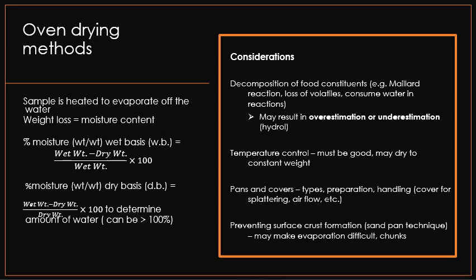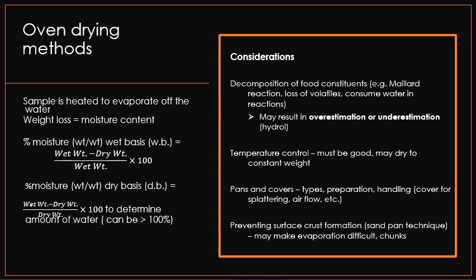When you perform oven drying, you also want to control the temperature. You have to make sure that it is consistent so that the sample dries to a constant weight. For samples that are easily splattered, and also to reduce airflow, you may want to use a cover.